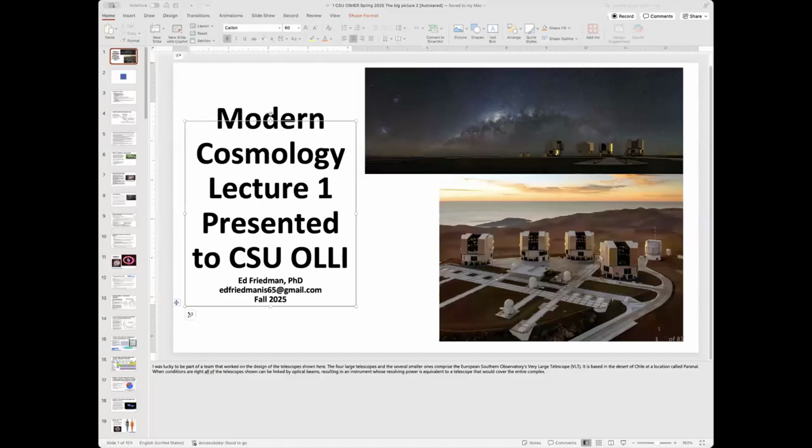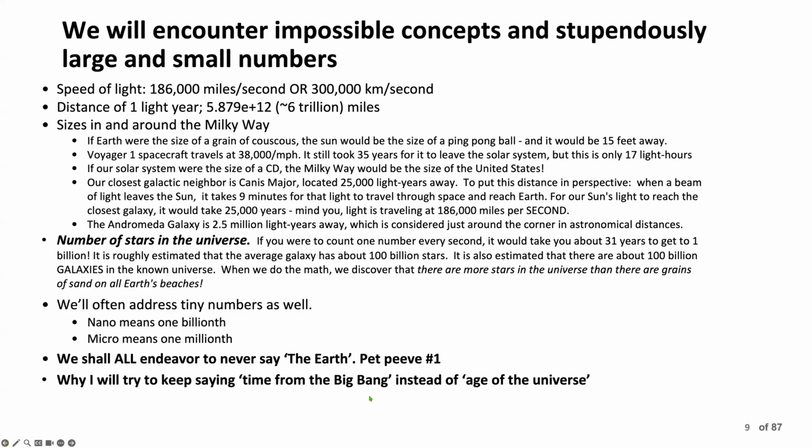We also want to be cautious about talking about the age of the universe. You will soon hear me talking about how old the universe is, and the typical number is about 13.8 billion years. But that could be misleading because we don't know what happened prior to the earliest time we know about.